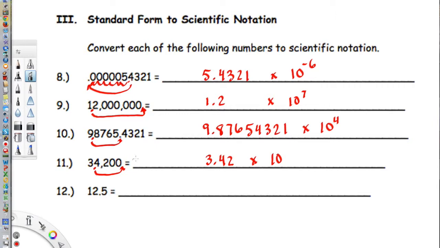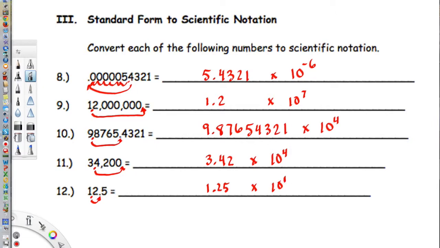That would be moving it 4 places to the right, so that's a +4. Last but not least, I look at 112.5. I need to make this a number between 1 and 10, so it would be 1.25. That's the only coefficient that would work for scientific notation. To get this decimal point back to its original place, I'll just have to move it 2 to the right.